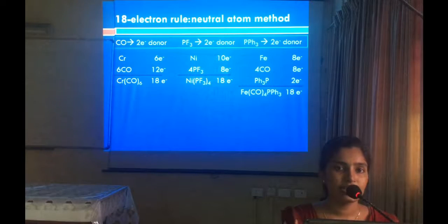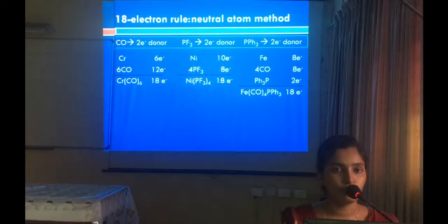Next we can take the case of a phosphine complex. This is a nickel based phosphine complex. Here the nickel can donate 10 electrons and the phosphine can donate 2 electrons. The phosphine is also a neutral ligand and hence the nickel will not have any charge. When you take the sum, you can see that it is 18 electrons. The next one is a mixed complex which contains both carbonyl as well as phosphine ligand.